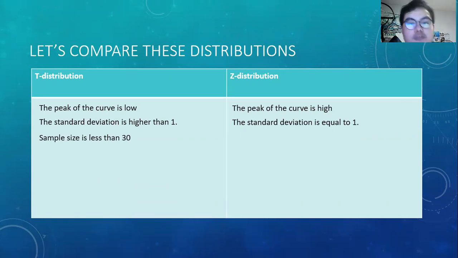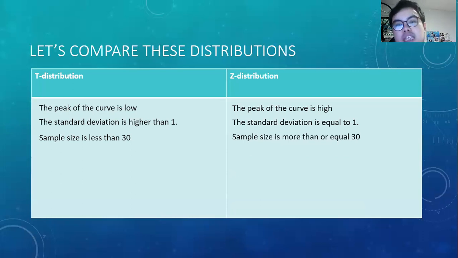One of the reasons why the standard deviation of t-distribution is higher is because the sample size is lower. The sample size is less than 30, while in z-distribution, the sample size is higher than or equal to 30. So we're going to discuss more characteristics.